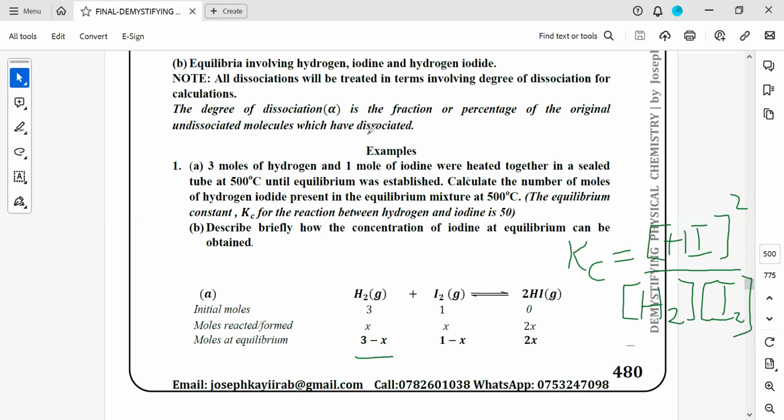So you're going to feed in the values. You'll have 2x squared out of 3 minus x times 1 times minus x. And this is equal to 50 because our Kc that was given to us is 50. And then, of course, you work out and solve the value of x at that point.